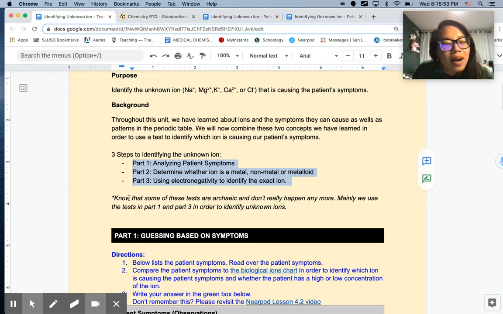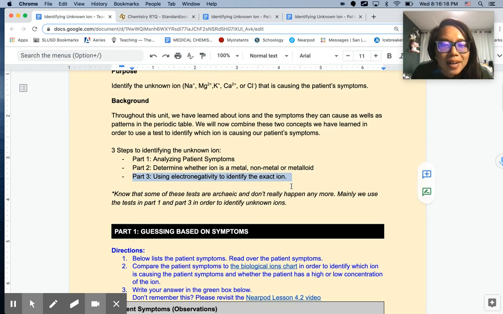I want to make a little note that we don't really use part 2 when we're diagnosing patient symptoms because it doesn't really make sense, but we're also in chemistry class, so we need to talk about metals, nonmetals, and metalloids. So part 2 is kind of meh. The most useful one is probably part 3.